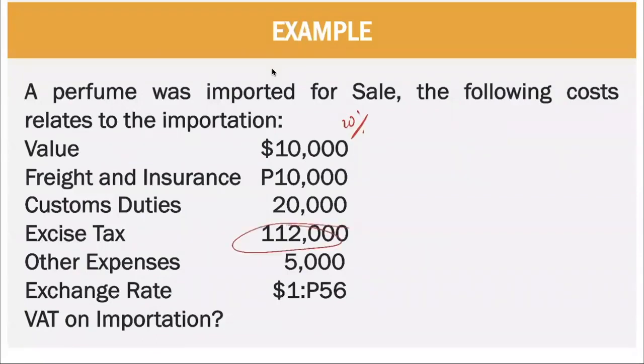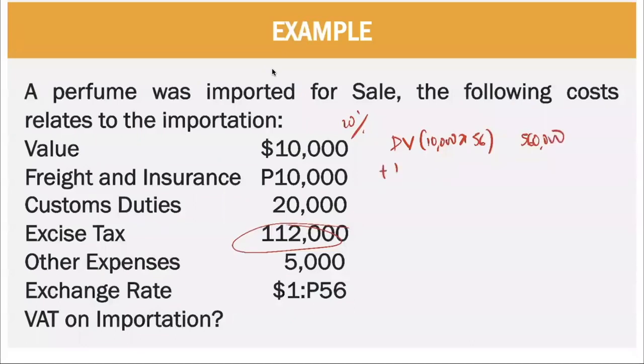But anyway, to compute for your VAT on importation, we must first get the dutiable value. So the dutiable value is the $10,000. We need to multiply it by our exchange rate. 10,000 times 56, we have 560,000.